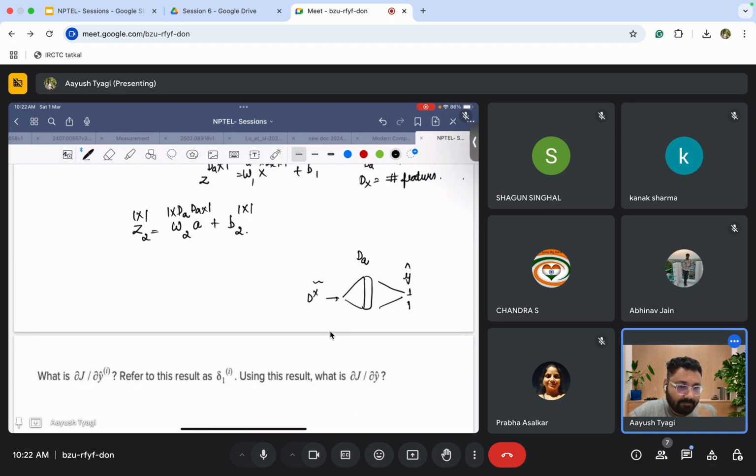So there is one input layer, these are your W1 weights, these are your W2 weights. And corresponding to this layer, you'll have biases, right? For each neuron, you'll have a bias.